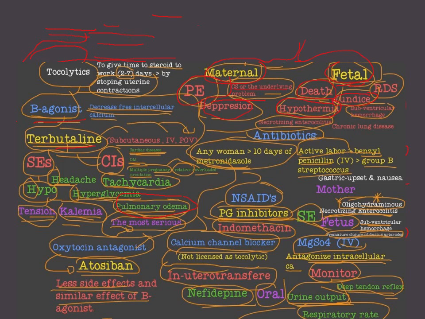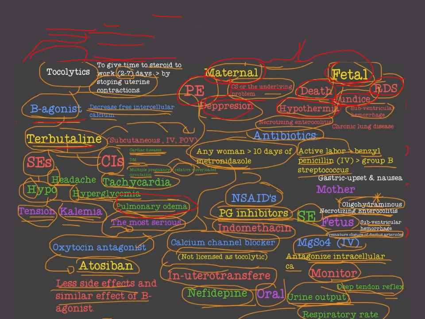Jaundice, why? Because of prematurity of liver enzymes, they can't cope with the bilirubin. Respiratory distress syndrome, why? Because of immaturity of the lung.